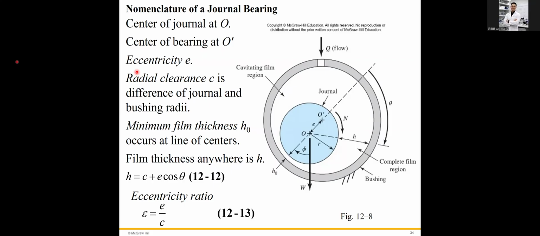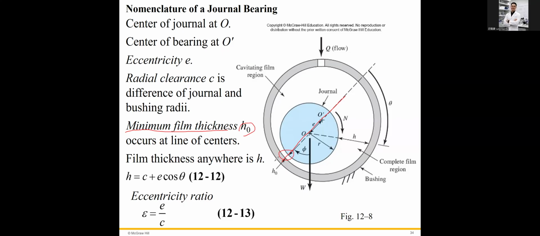However, the distance between the journal and bearing, h, is a variable. So the minimum film thickness h naught occurs at the line of centers. So what's the line of centers? The line of centers is the direction along O and O prime. Therefore the minimum film thickness h naught occurs at the line of centers, right here.